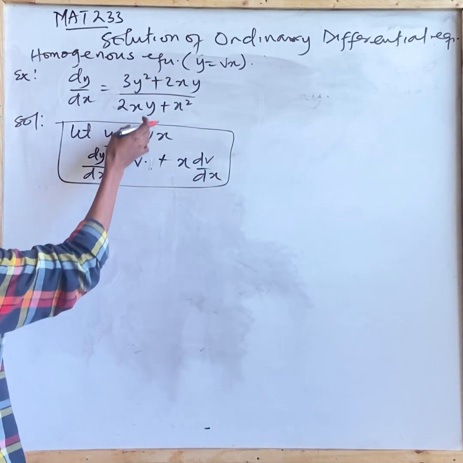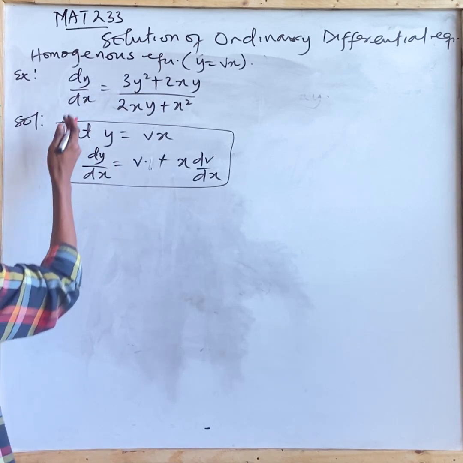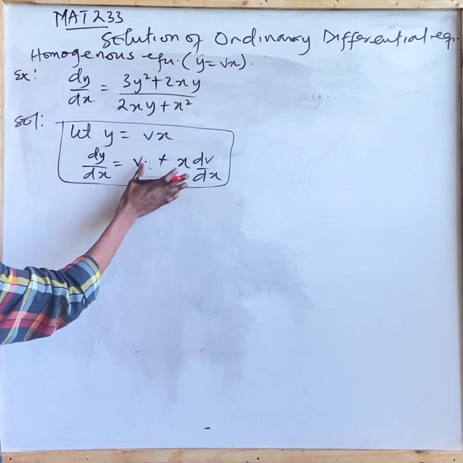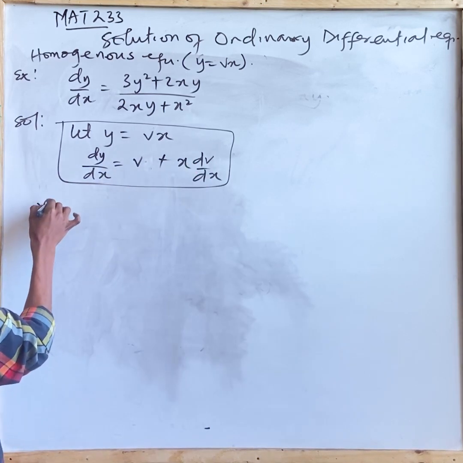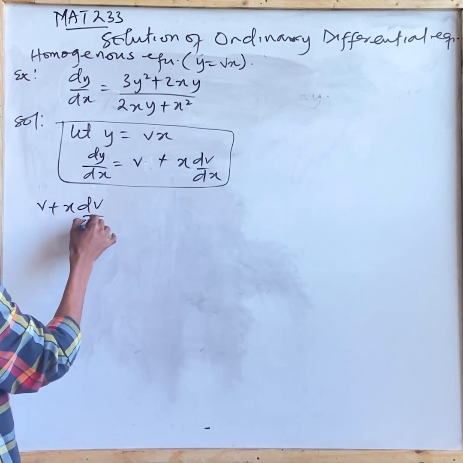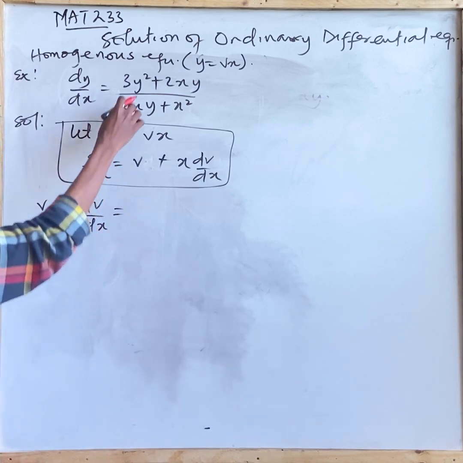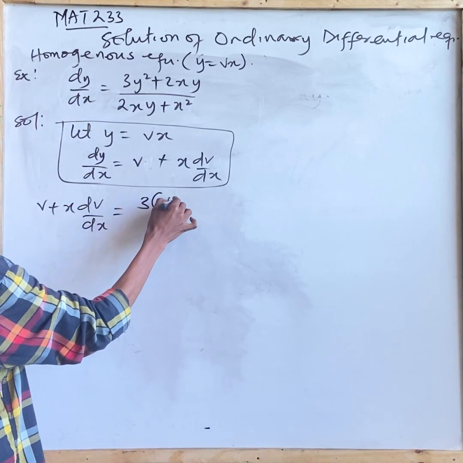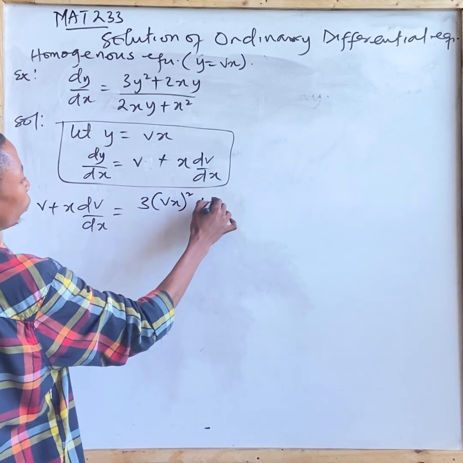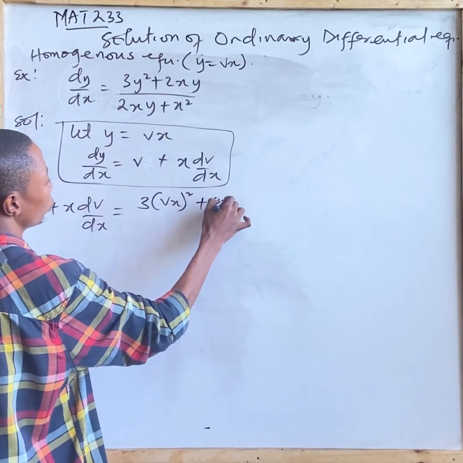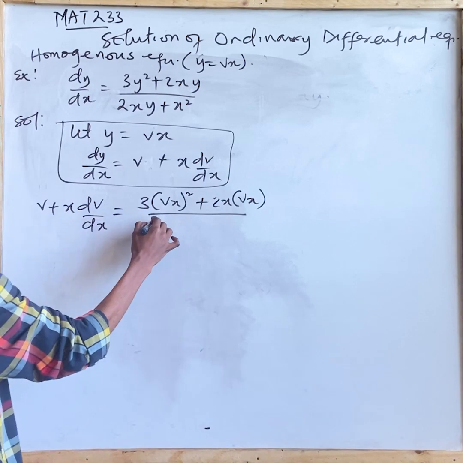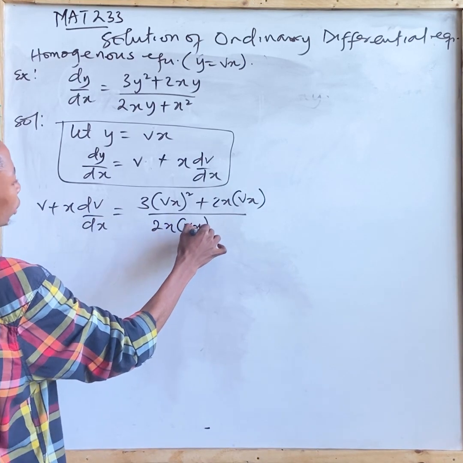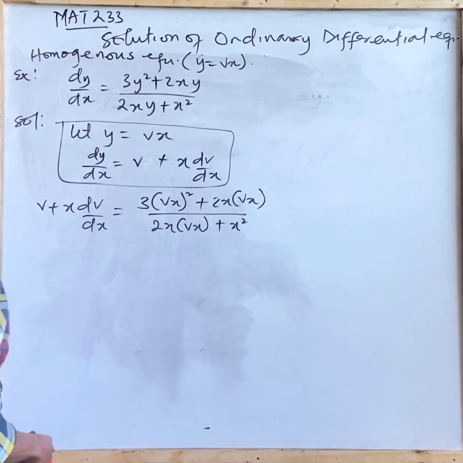So if I now substitute y as vx into my differential equation, what I have on the left-hand side is dy/dx, which is v plus x dv/dx. So it will now be v plus x dv/dx is equals to 3 bracket vx all squared, plus 2x bracket vx, all over 2x bracket vx plus x squared.